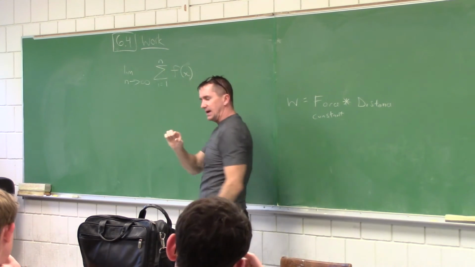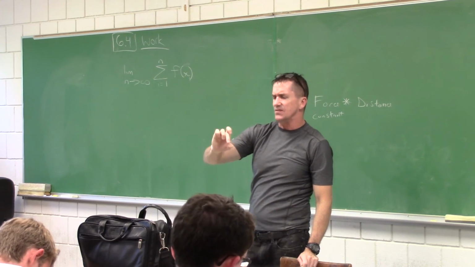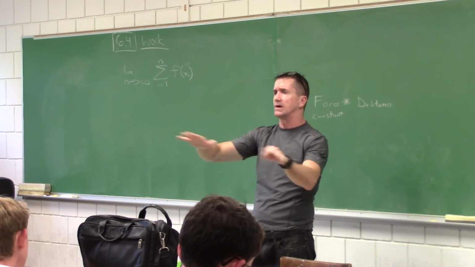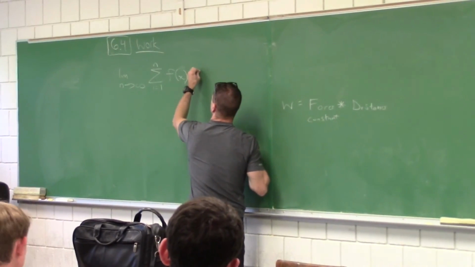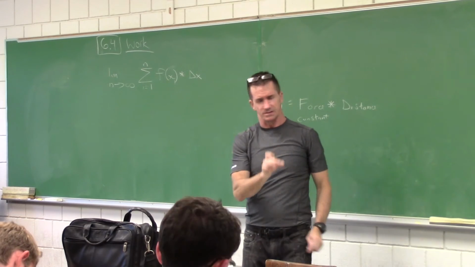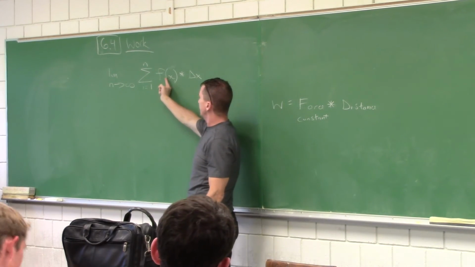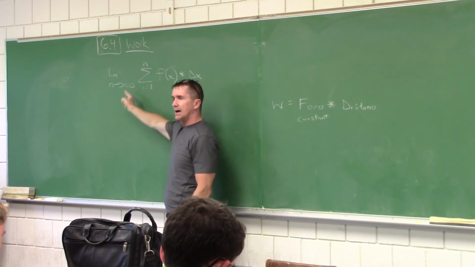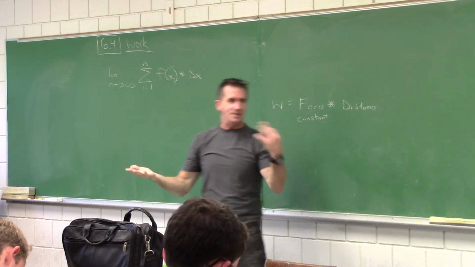But I put x_i because we're going to think about breaking this up into an infinite amount of small parts, whether it's a rope or slices of water in a tank. And then I'm going to multiply it times the change in x, in terms of the distance x. f of x_i times delta x, an infinite sum, right? Limit as n approaches infinity. But that's one notation.